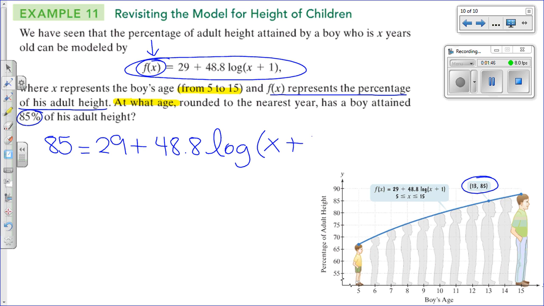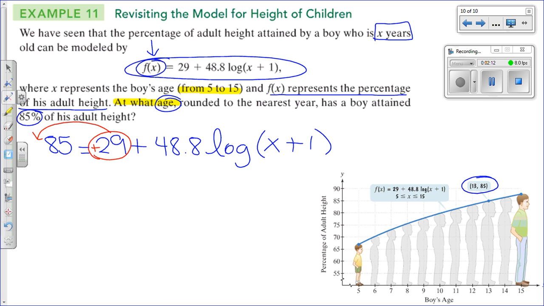And what we're looking for here, remember, is at what age? And age is represented by x. So that is what we need to solve for. Here, we could use several methods, but maybe we could convert it to exponential. But before we could do anything like that, we need to take care of this positive 29. Remember, it has that invisible positive sign.